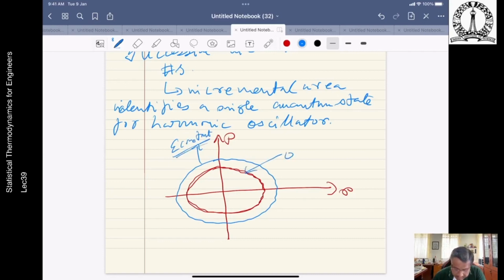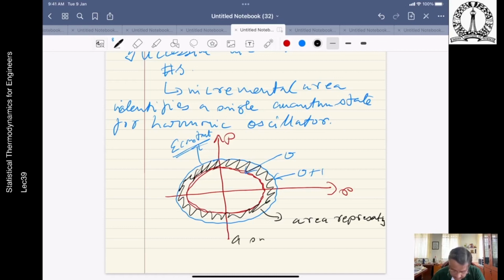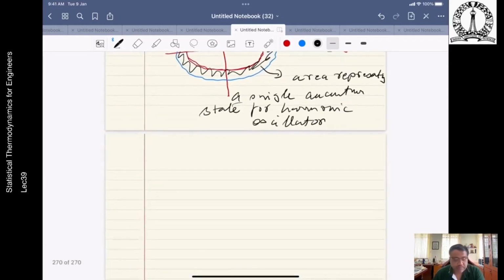So this is v, let's say v plus 1, and this area represents a single quantum state for the harmonic oscillator.